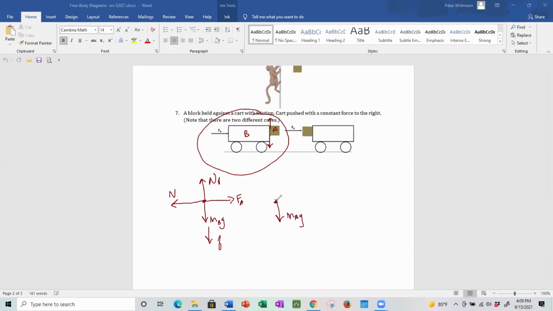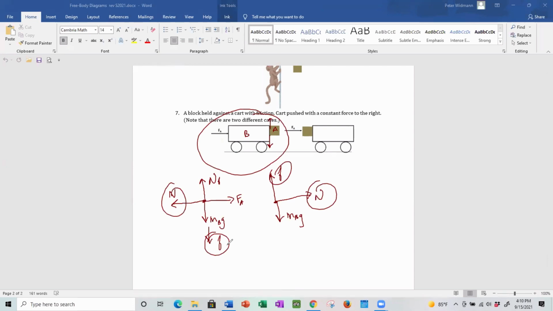I have the frictional force acting up, and I have the normal force this way. So this end right here is the same as this end right here, but they're in opposite directions. Just like this F is the same as this F, but they're in opposite directions.